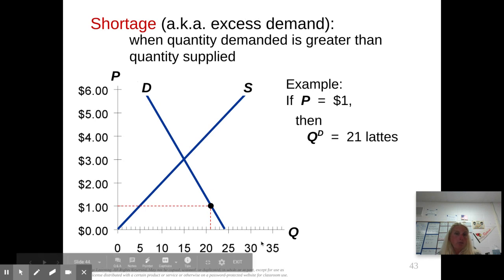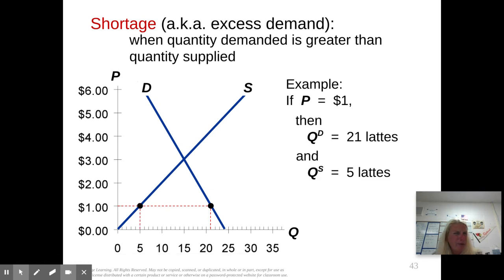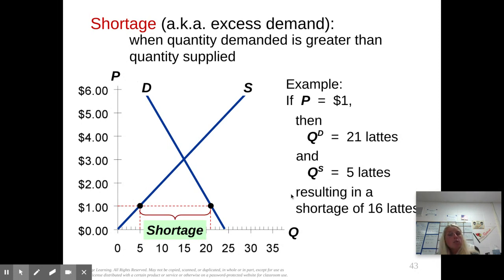So we have basically right here 21 people wanting that latte for $1. And suppliers are like, I don't want to sell that much at that price. I'm not going to make much money off of it. So very few of them would actually sell it. So you have a shortage of 16 lattes.